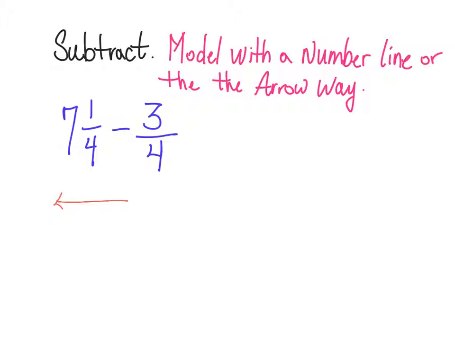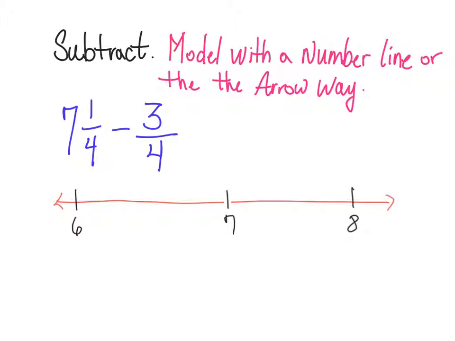So we're going to create a number line. And our whole is at 7. So we could just start at, say, 6, then 7, and then up to 8. And we are going to be breaking up these intervals into fourths because that's what our denominator says.